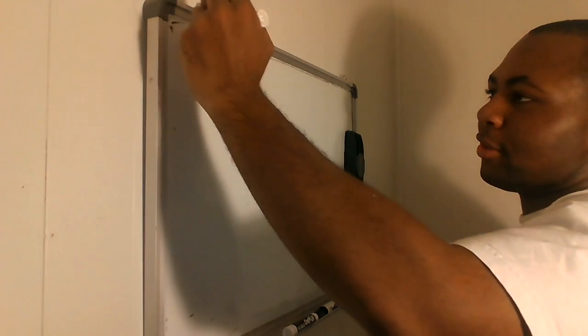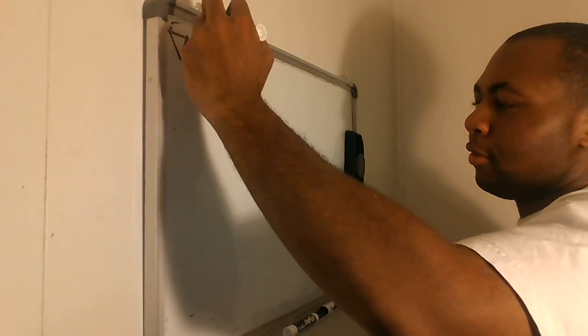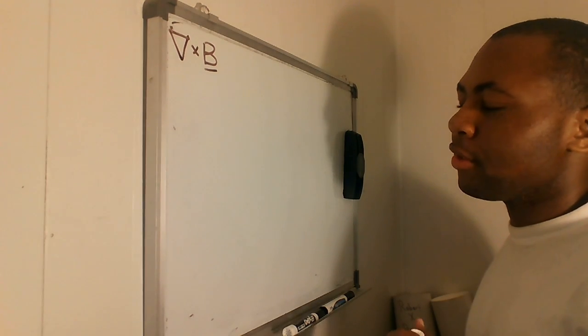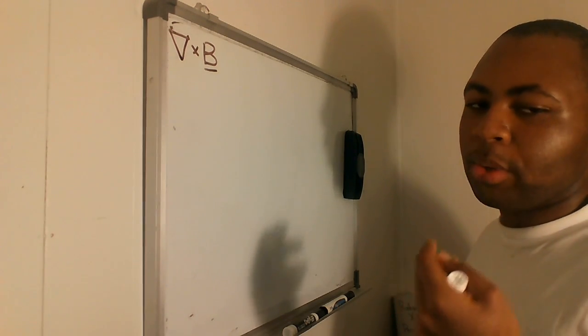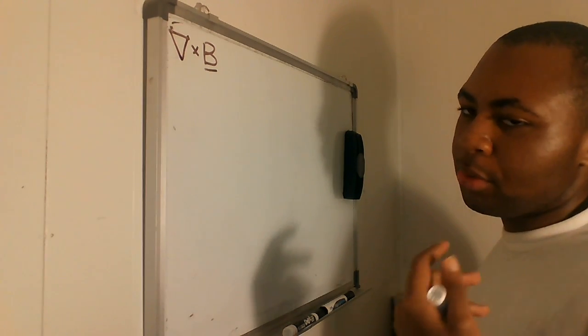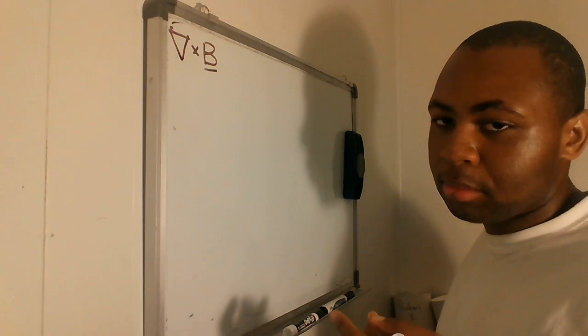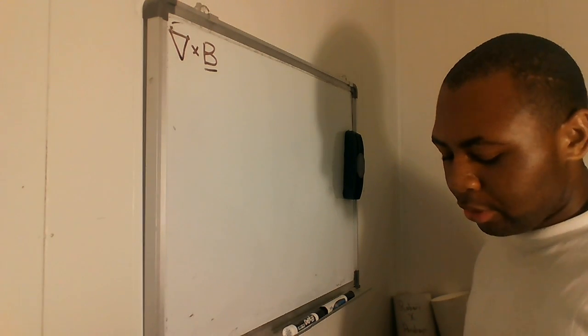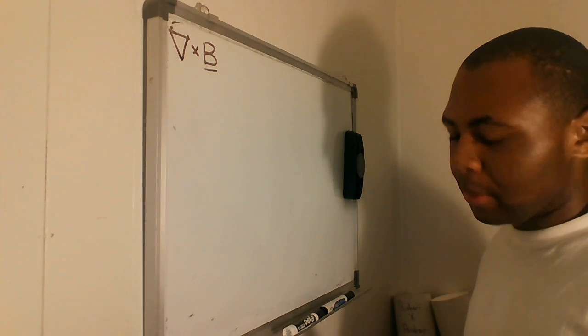So then he asks us to take the cross product between the B vector, which he gives us this hint that it's also helpful in the continuity equation, the continuity of charge, which I'll go into a little bit later because I have a problem on that anyway.